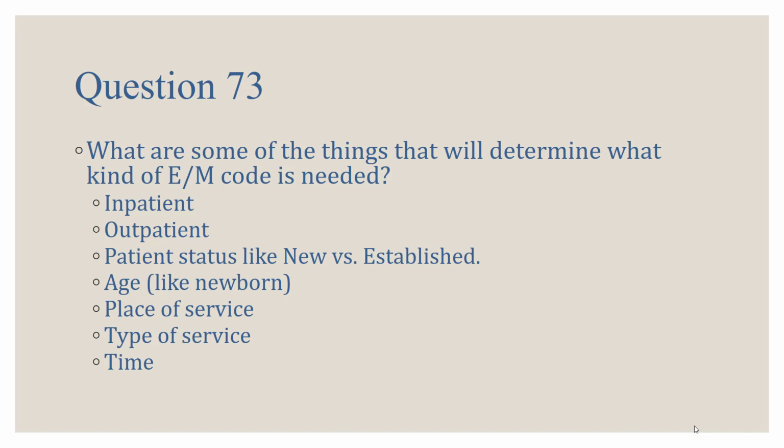The place of service, a hospital, the office, can change your codes. The type of service, is it preventative medicine, is it critical care, and the time for the service. How long did it take? These are all some of the things that will determine what kind of E&M code is needed.